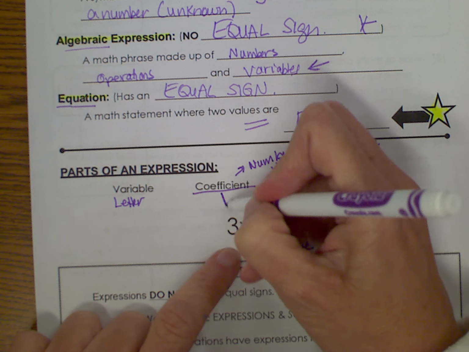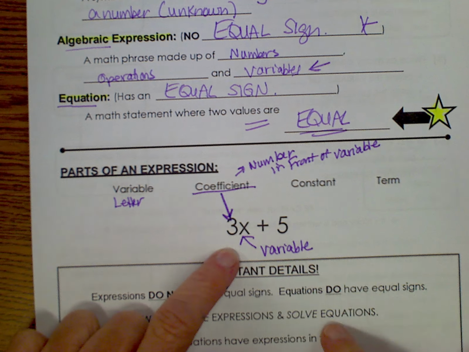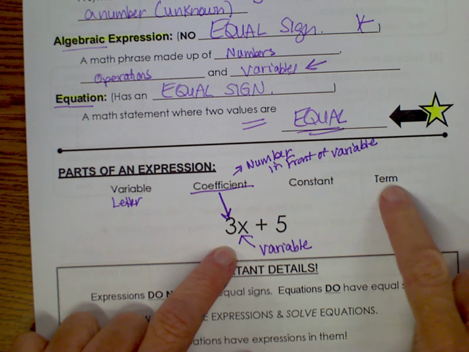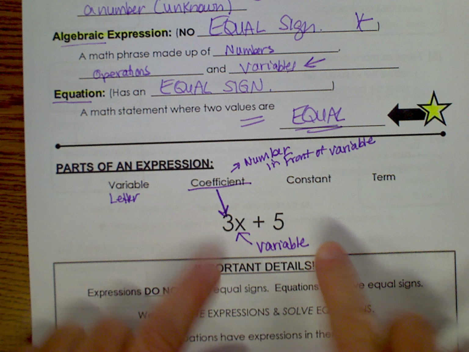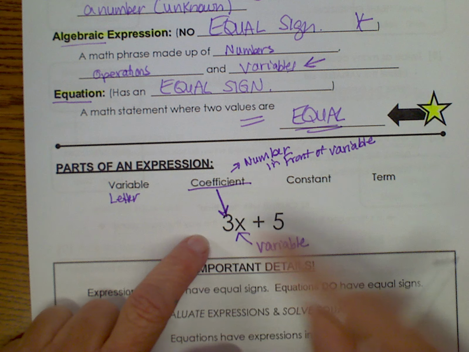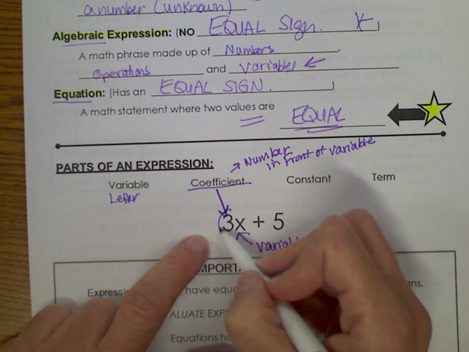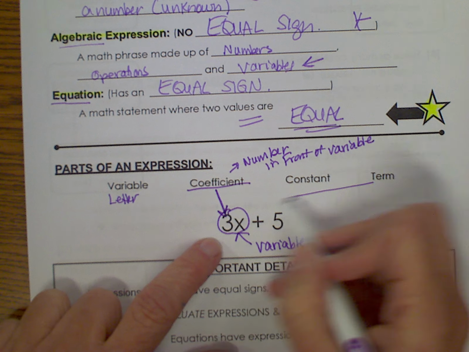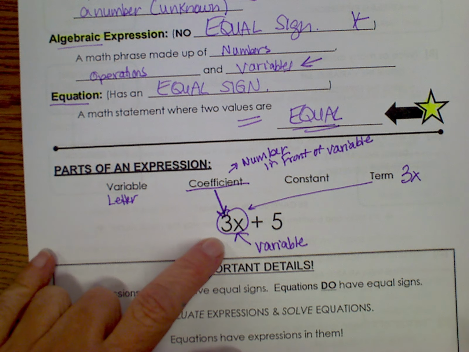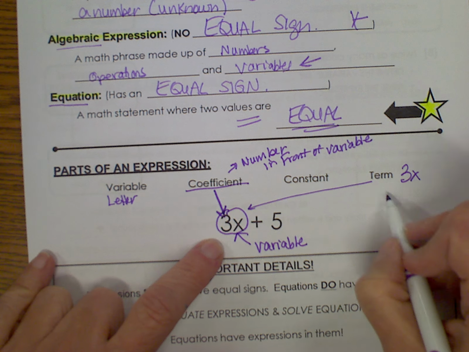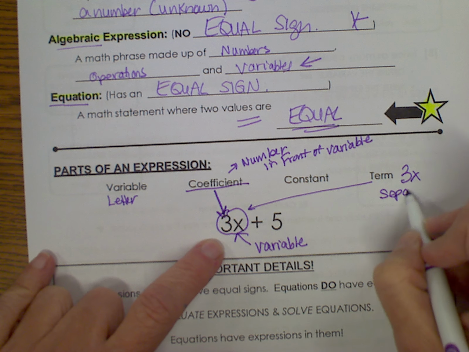So the coefficient in this expression is the 3. Now I'm going to jump all the way over to term, because when you see those smooshed together and there's no addition or subtraction signs there, all of this together, all of that is a term. So 3x multiplied together is a term. And terms are separated by addition and subtraction signs.